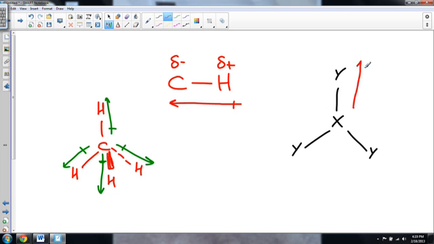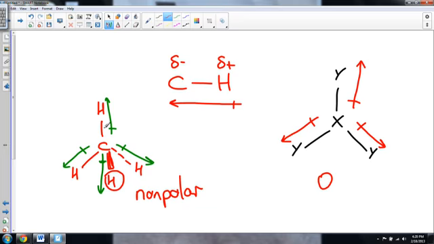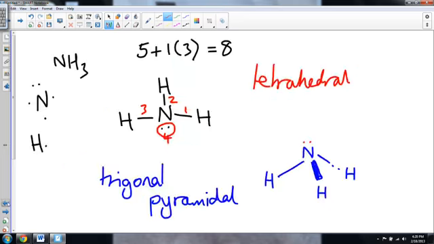If we were to look at these dipoles, this one going up would cancel out these 2 going down. The overall result would mean 0 overall dipole. That's the case whether you've got 2 groups, 3 groups, or 4 groups around the central atom. If all these are the same, they all cancel out, so that this molecule overall is non-polar. The only time this changes is when one of these atoms changes or one of them is replaced by a lone pair, because then they won't cancel each other out.